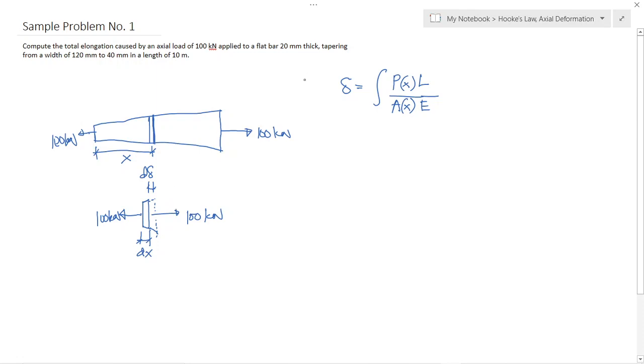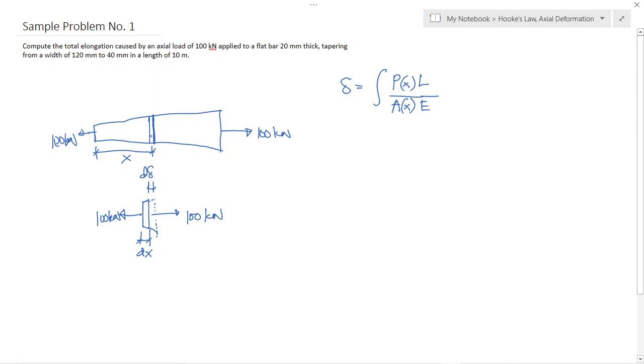So, we have P. Ang L natin dito class is dx. Area is the cross-sectional area. So, now, let us get the cross-sectional area at this point. Na? Okay, so, assume naman na natin to na uniform yung tawag dito. The cross-sectional area dito sa within the element na kino-consider natin.